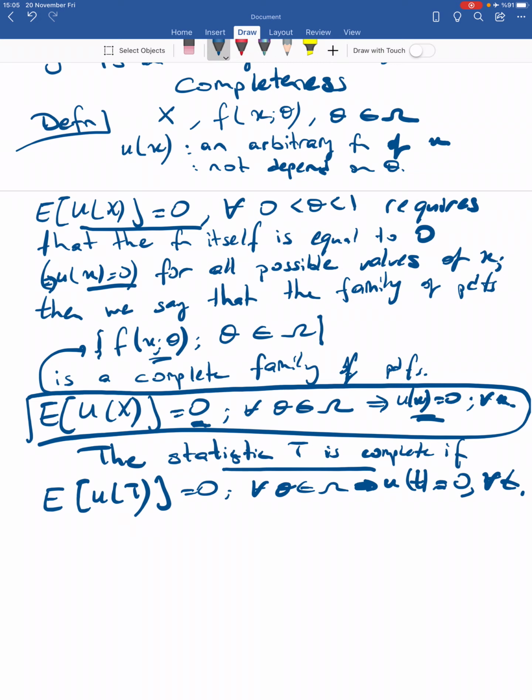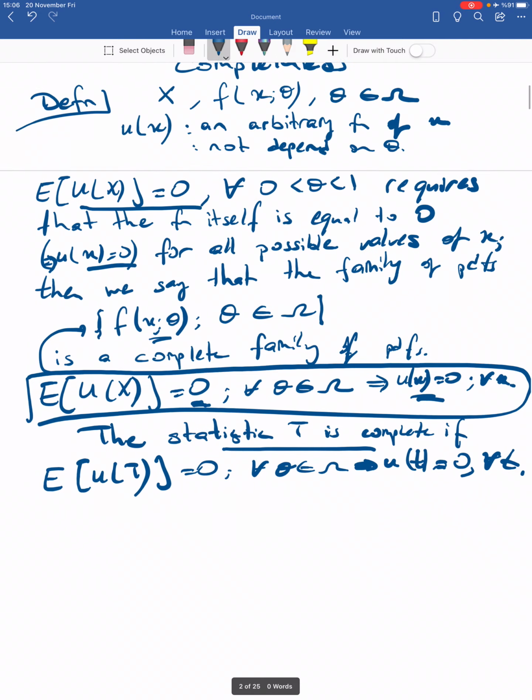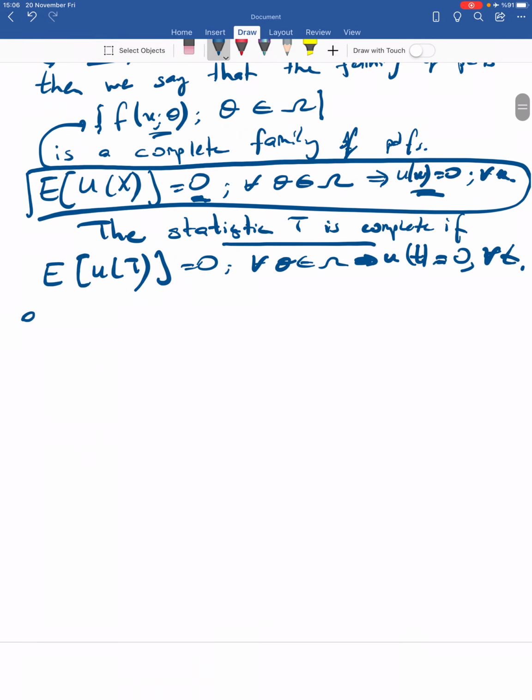Okay, so let's consider an example to show that one family of PDF is a complete family of PDF. Start with a simple one, a binomial example.